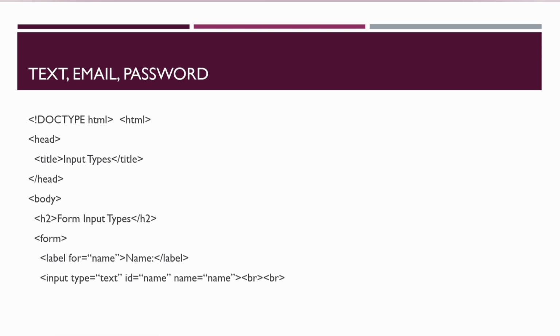Between the opening label and closing label I write name, which is going to be visible in the output screen. Then I open an input, type text, then I write ID name, then name, and I closed it. Then I use two breaks. The code is still continuing in the next slide, just a minute.